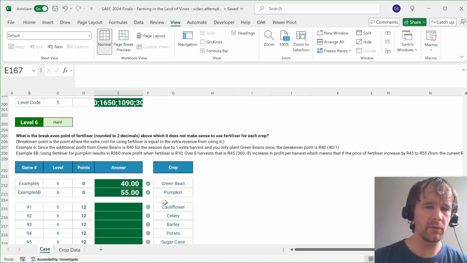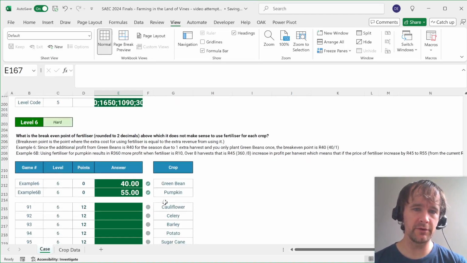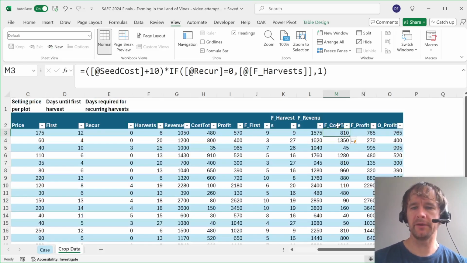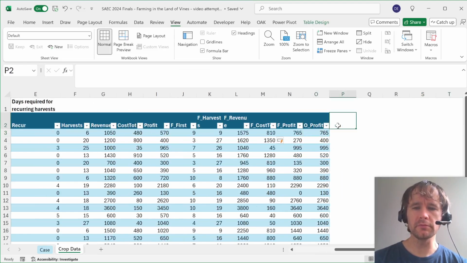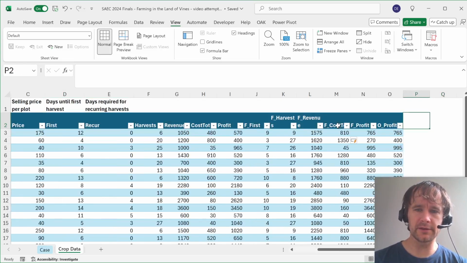Okay. What is the break-even point of fertilizer rounded to 2 decimals above which it does not make sense to use fertilizer for each crop? Okay, so lots of different ways that you can do this. I think that the easiest, for me at least, is just to do it sort of first principles.